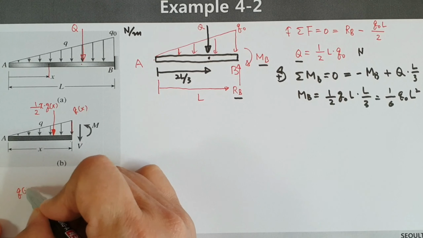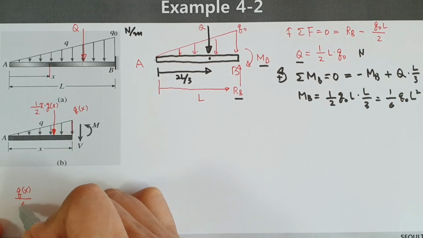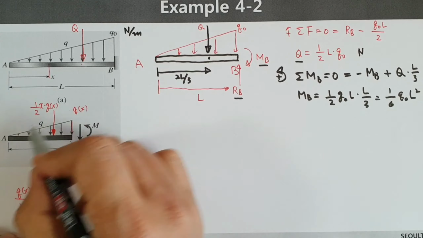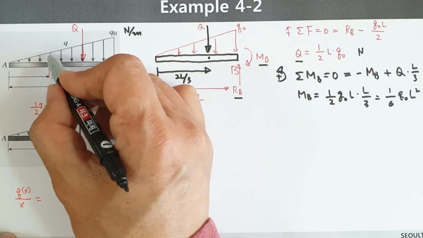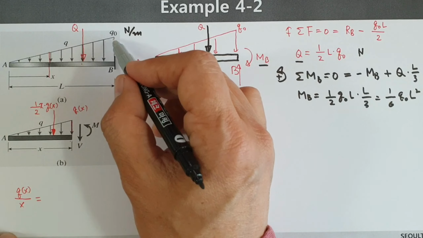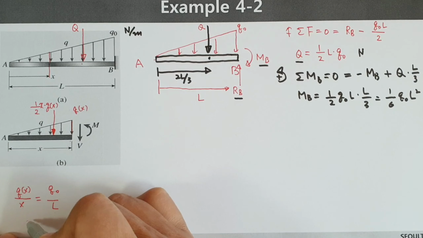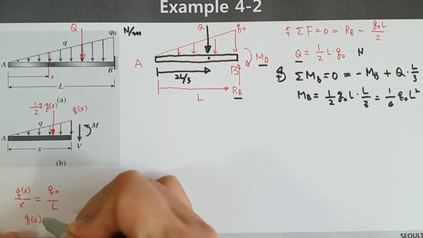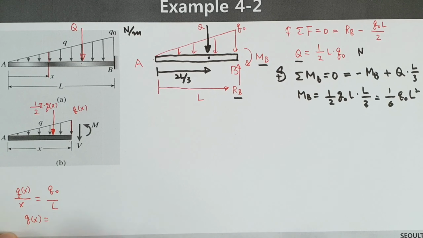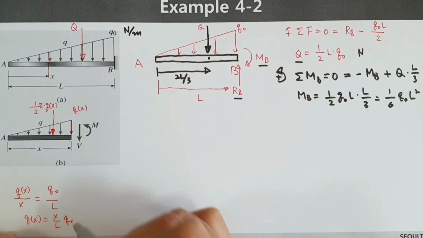QX is what? When you think about this triangle and the small triangle like this one, then Q0 over L. That's why QX can be calculated as X over L Q0.